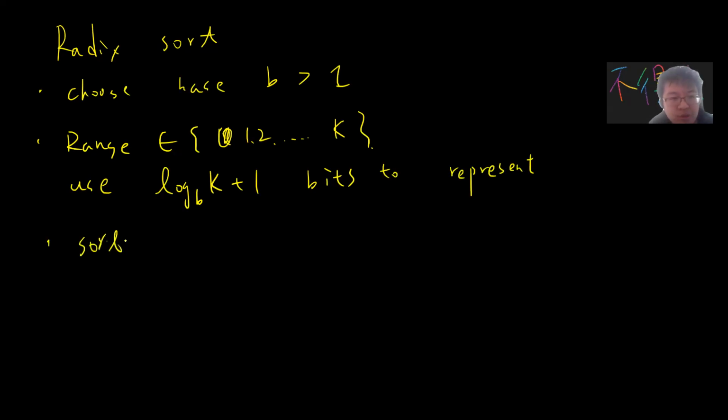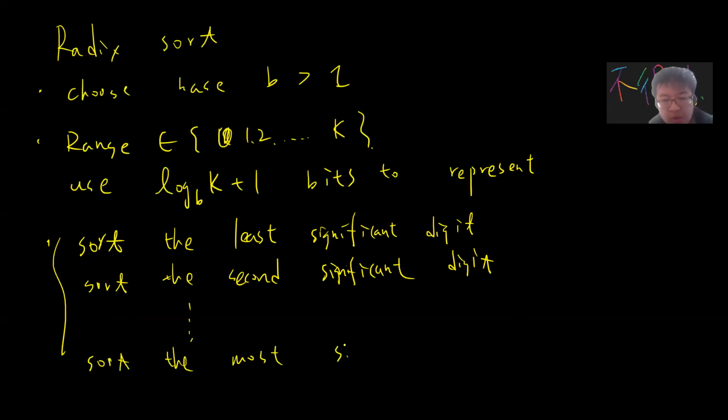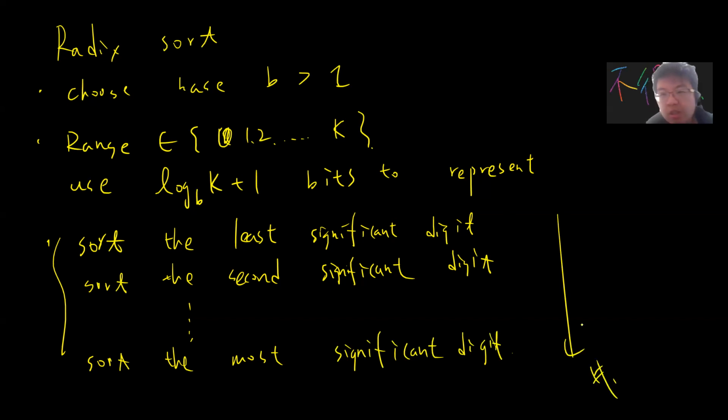Then you just sort: first the least significant digit, then the second least significant digit, and you keep going. Finally, you sort the most significant digit. Okay, then done.